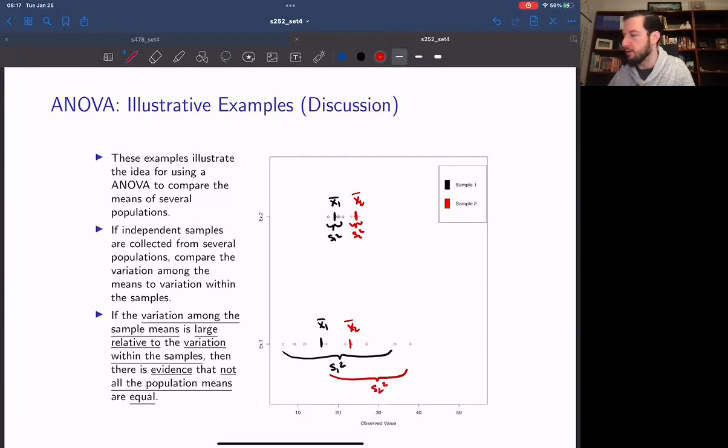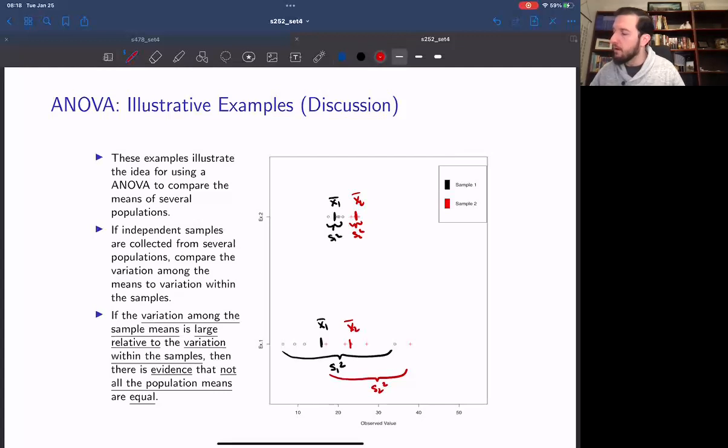When the within sample variation is large, this masks the difference between the population means. Whereas when the within sample variation is small, this can illustrate that we do have a difference between population means.